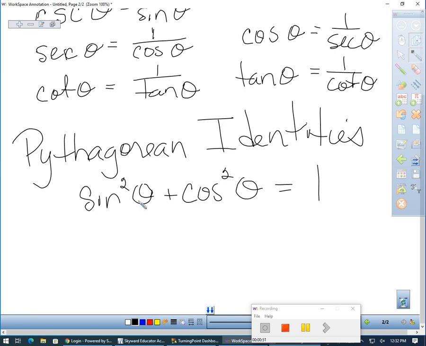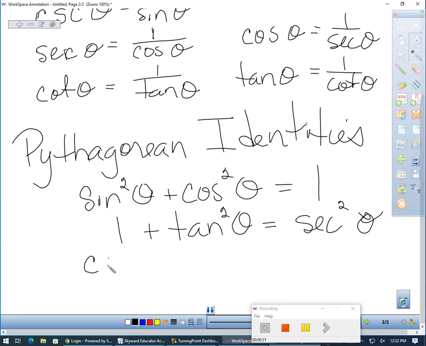If I have, for example, 1 plus the tangent squared theta, that will always equal secant squared theta. And the last one that sits in our Pythagorean identities is cosecant squared theta plus 1 equals cotangent squared theta.